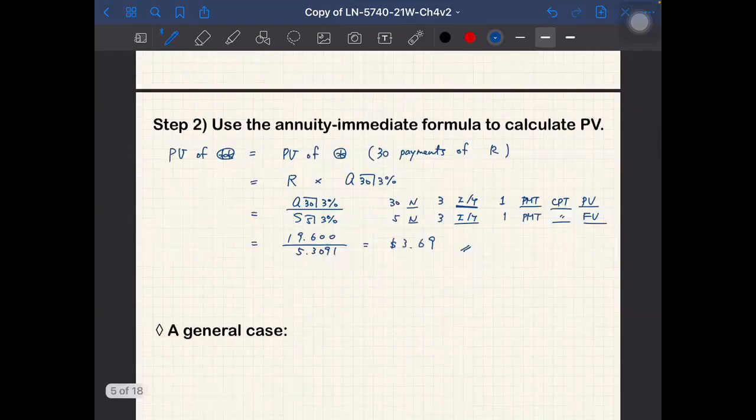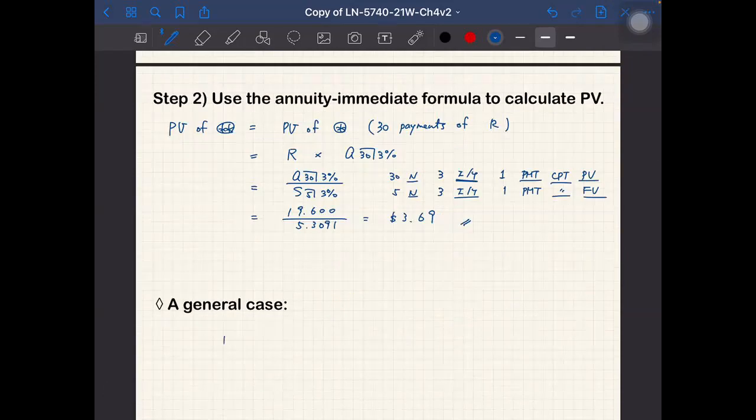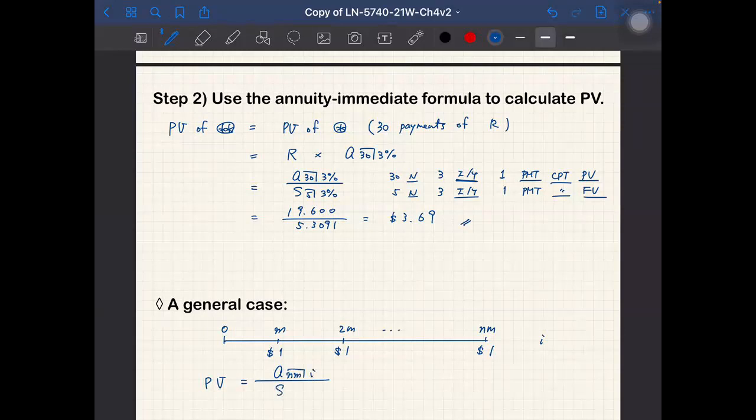So how about the general case? In general, if we have a time diagram from 0 to n times m, but payment is every m years, so in total we have n payments of $1 and the annual effective rate is i, then the present value is a angle nm at i over s angle m at i.